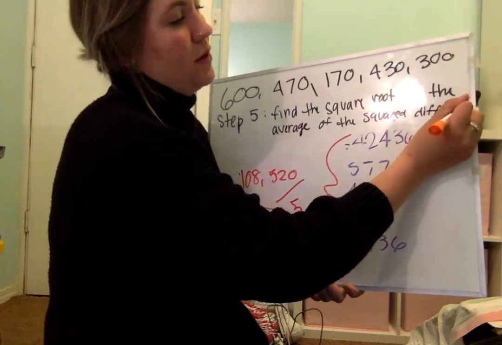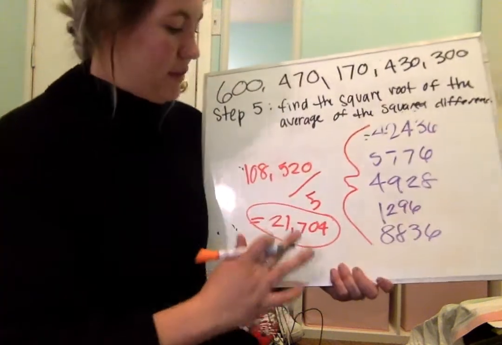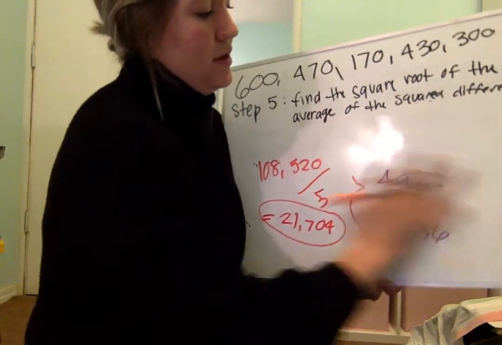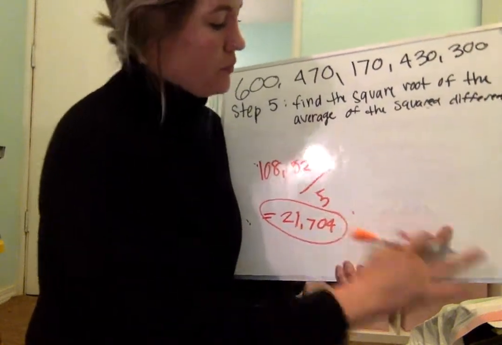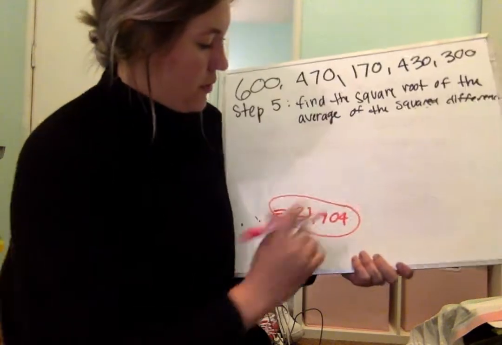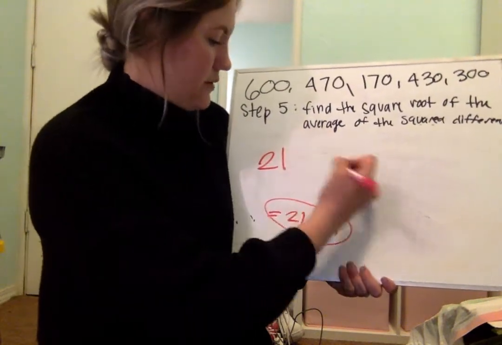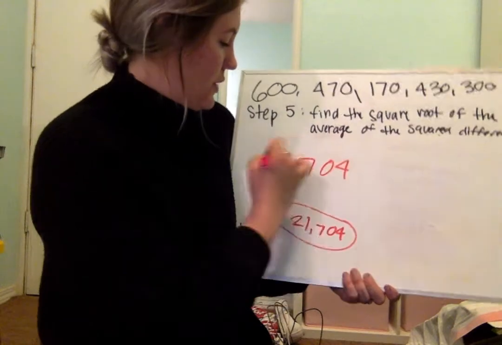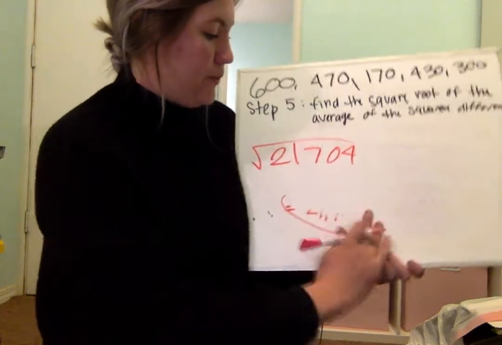A little bit longer, but I just want to keep everybody on the same page. So now we're going to go back to our number, 21,704, and find the square root.